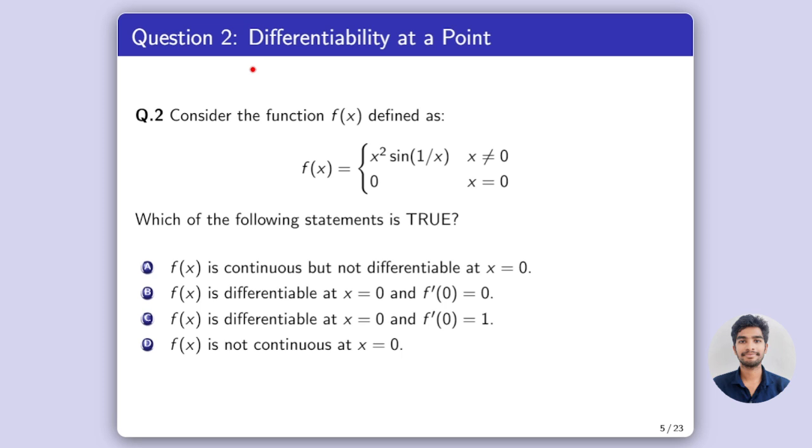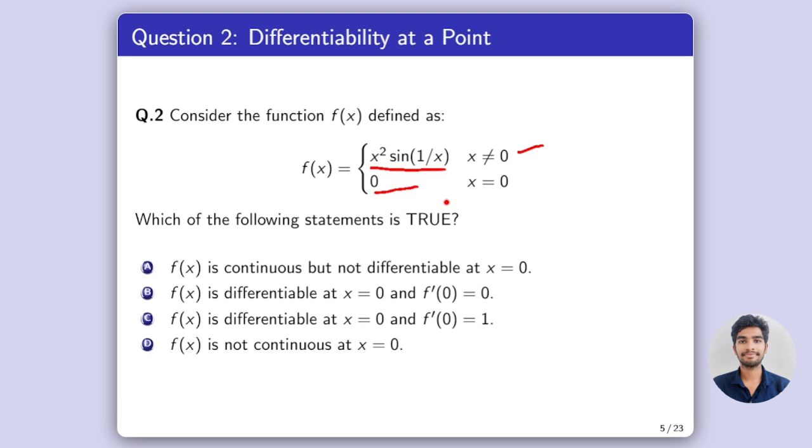differentiability at a point. Consider a function f of x defined as in the given question: at x not equal to 0 it is this term, and at x equal to 0 it is 0. It has sharp edges, right?